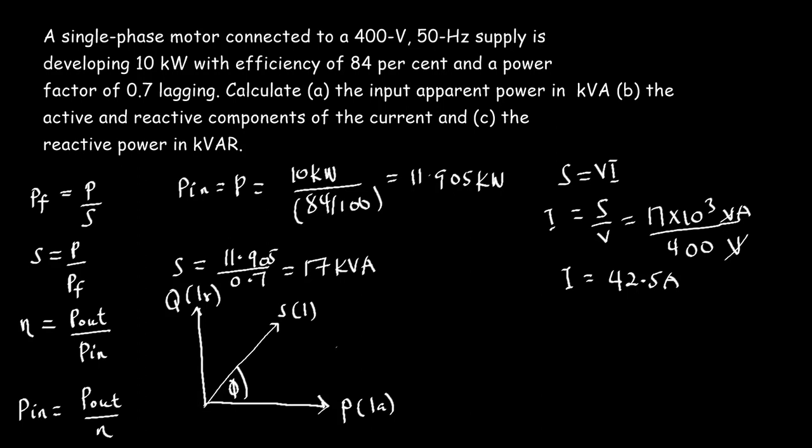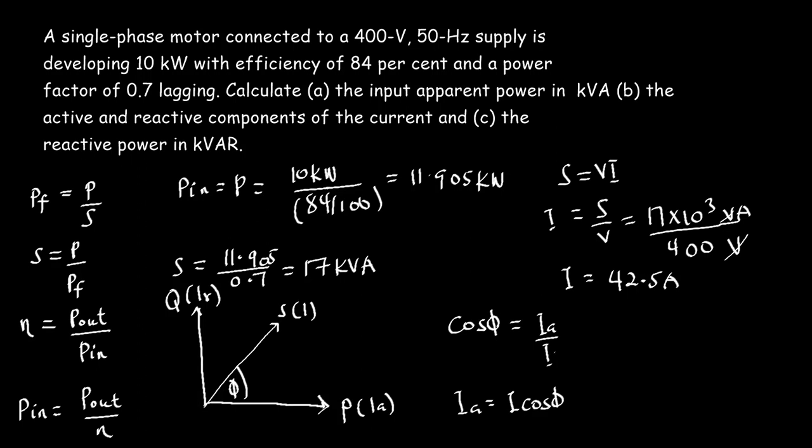From this circuit here, we can take cosine of the phase angle, cosine of phi, which will be equal to the adjacent side over the hypotenuse. In this case we are using the current, so you're going to have IA over the hypotenuse, that's the I. We want to find IA, so IA is equal to I cosine of phi.